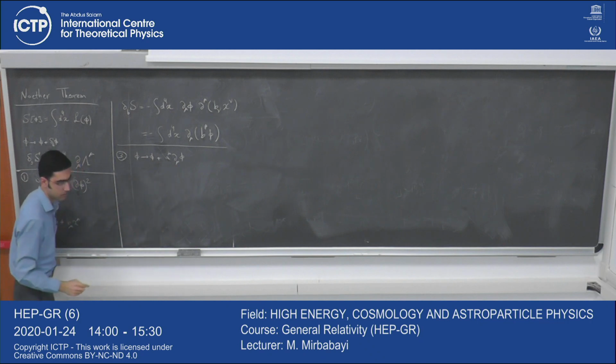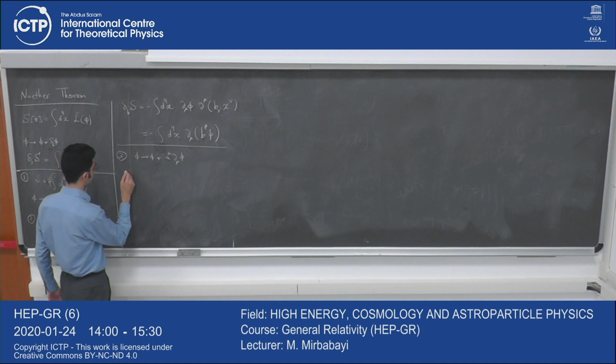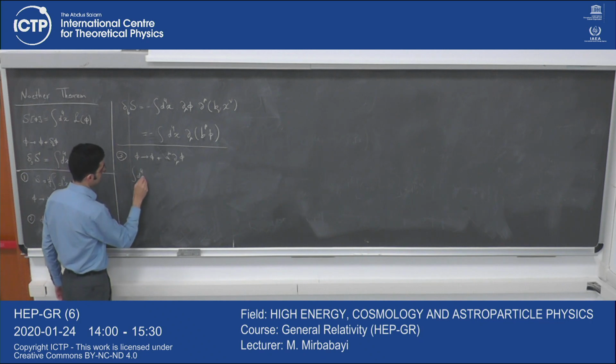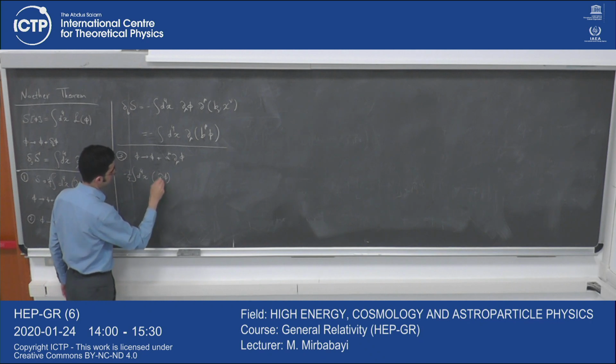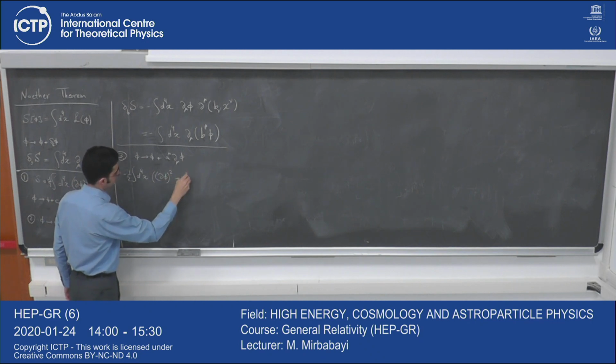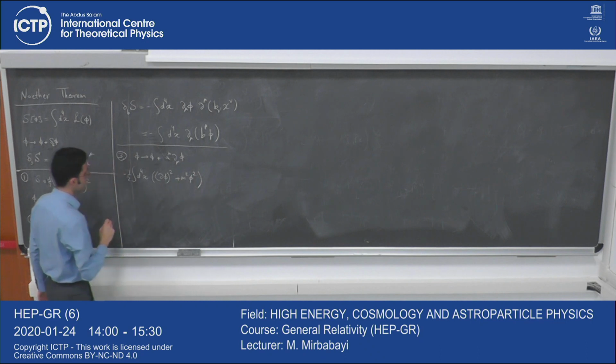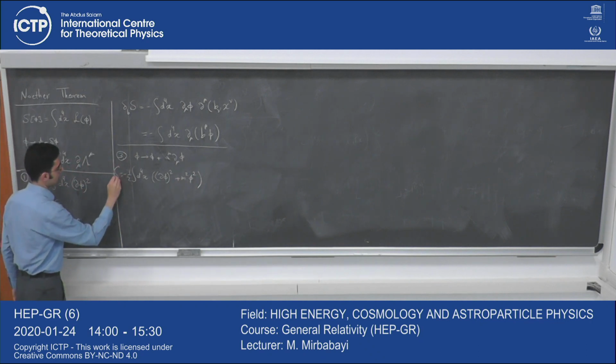This is a symmetry even if we have a massive field. So let's take a massive theory, where the action is integral d4x of minus 1/2 (d phi)^2 minus 1/2 m squared phi squared. This is the action now.